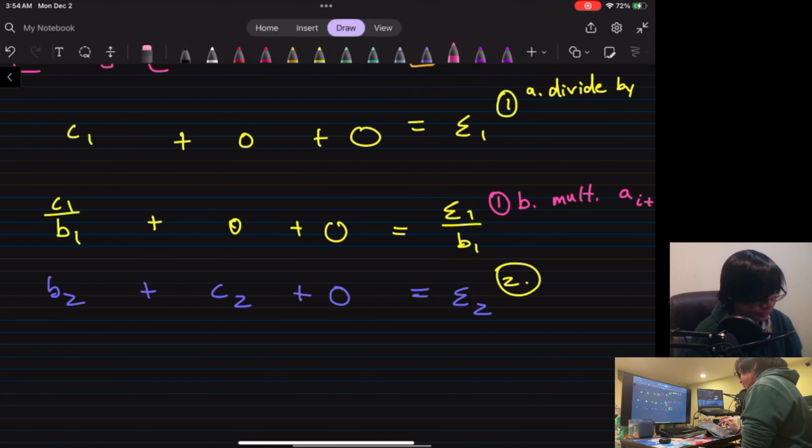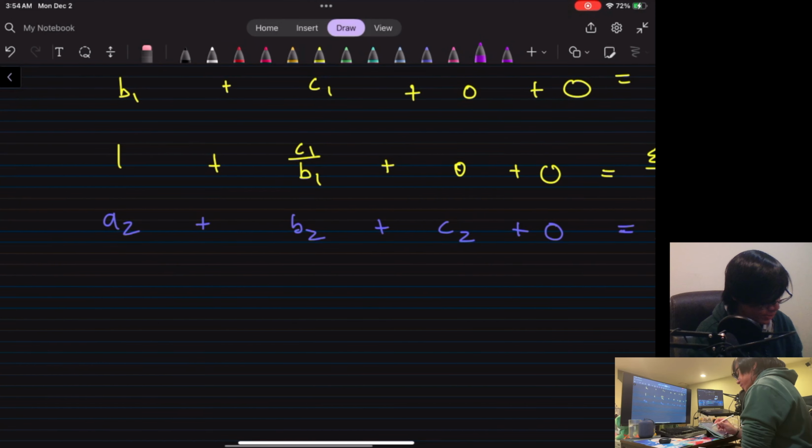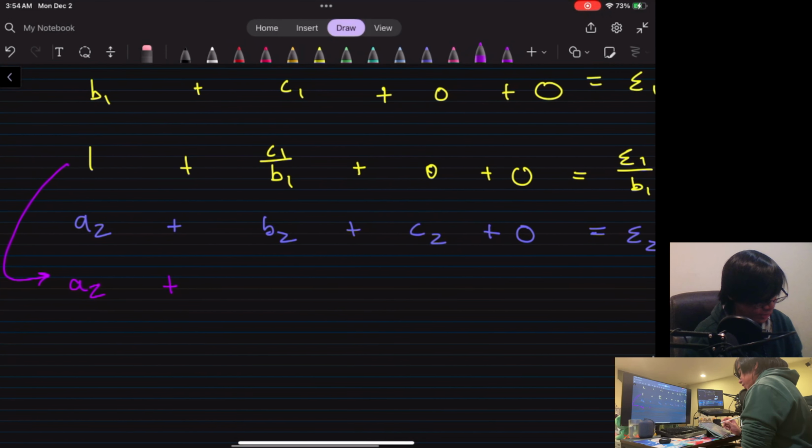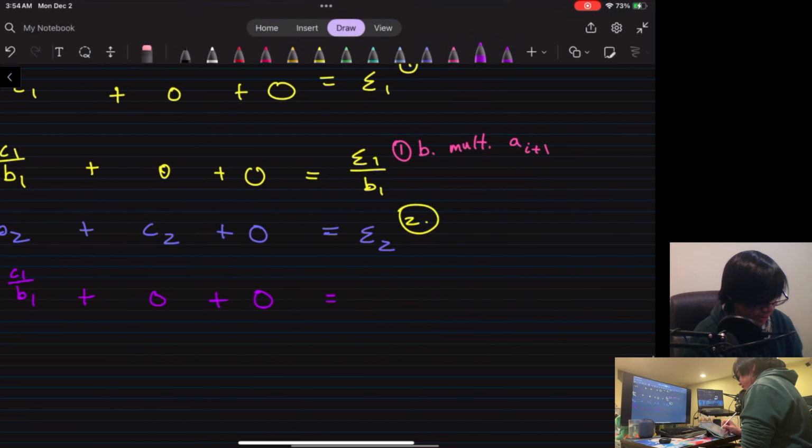That would give us a2 plus a2 c1 over b1, plus 0, and then a2 epsilon 1 over b1.